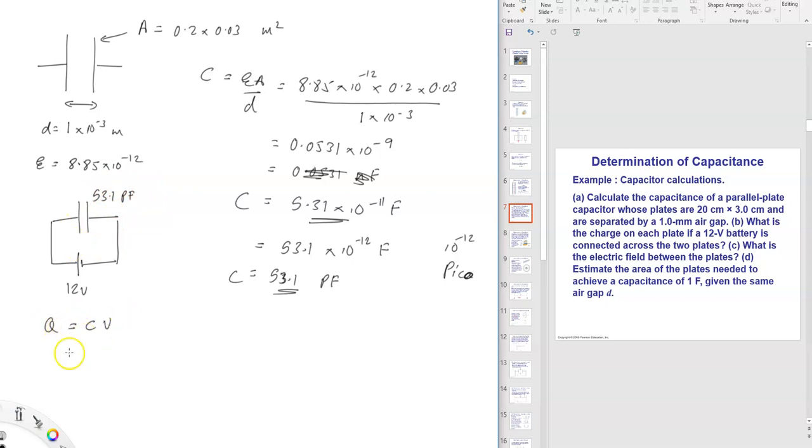Q equals CV. 53.1 times 10 to the negative 12, we convert that into farads, multiply by 12.